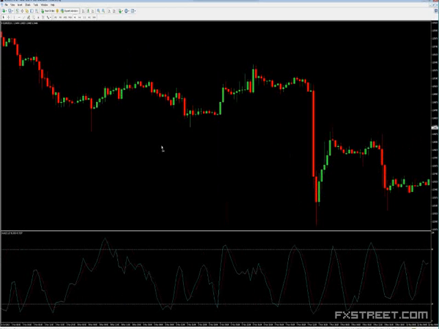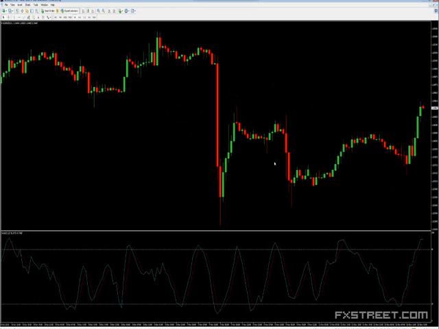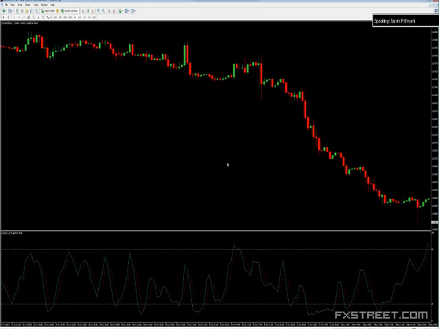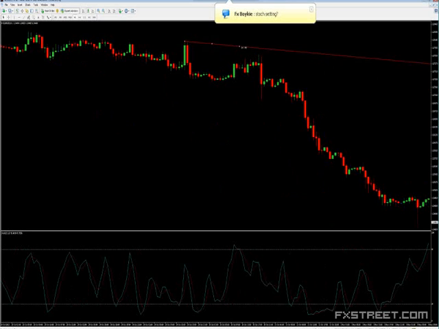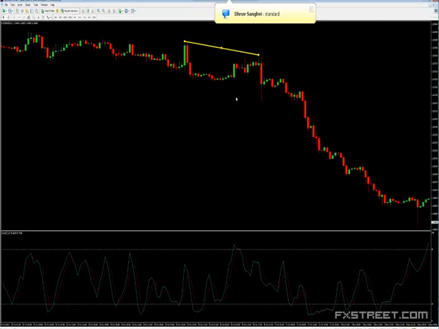When you take a look at what the markets are doing, for example, let me find a spot where we have an opposite. Take a look from this high to that high. Let me make this thicker for you, in yellow. There we go.